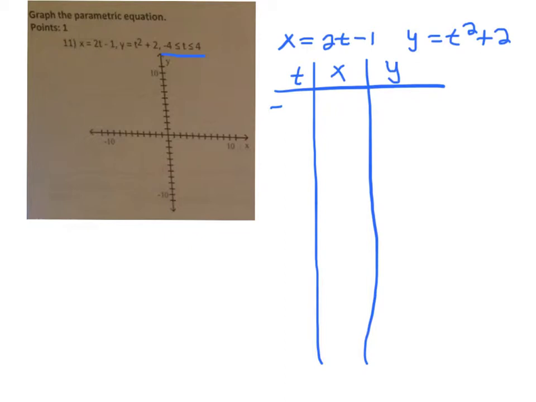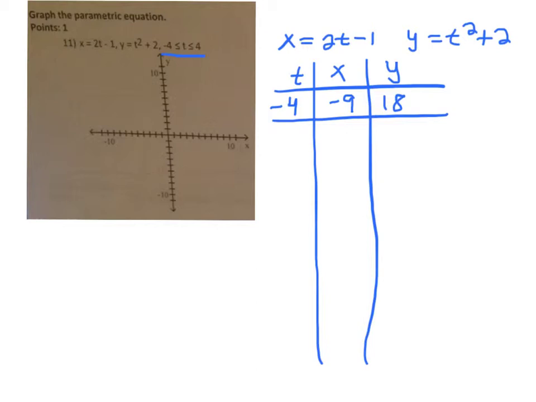When I plug in -4 for t, I plug it into the x equation and I get 2 times -4, which is -8, minus 1, which is -9. When I plug -4 into the y equation, I get -4 squared, which is 16, plus 2 is 18. So this is one of my points at -9, 18, where t equals -4.